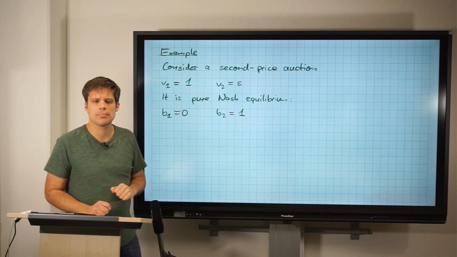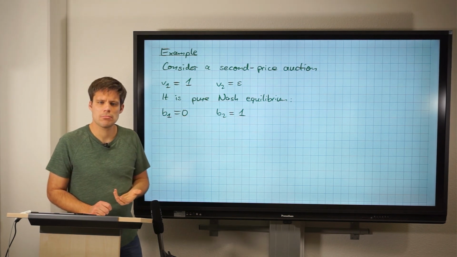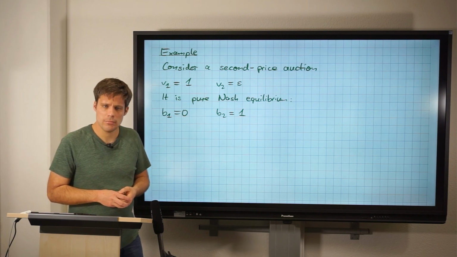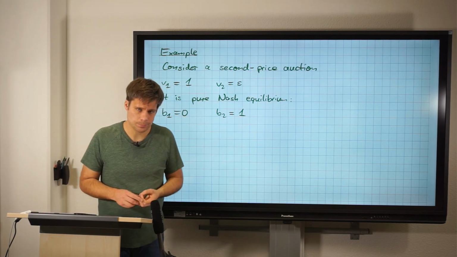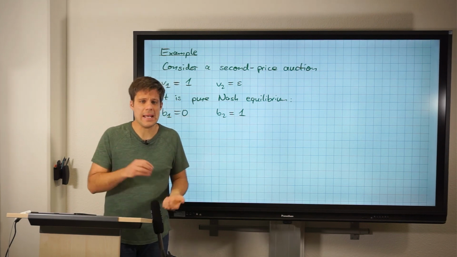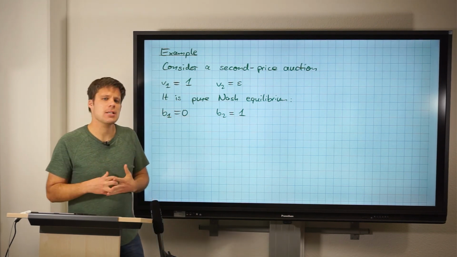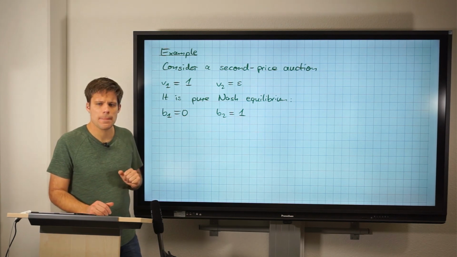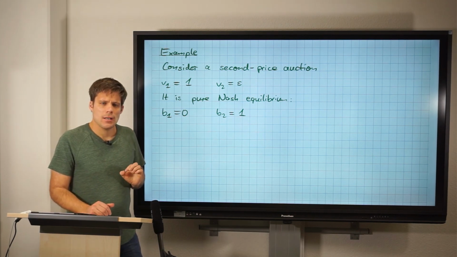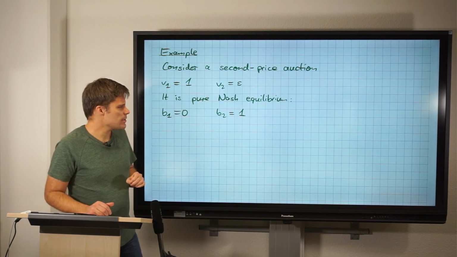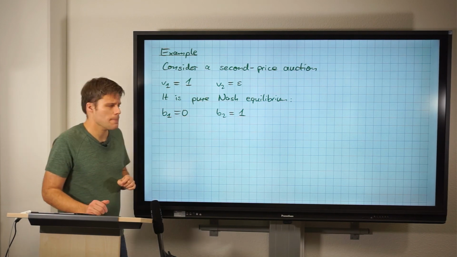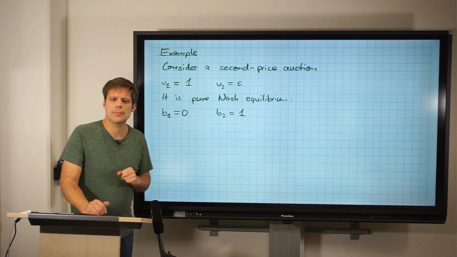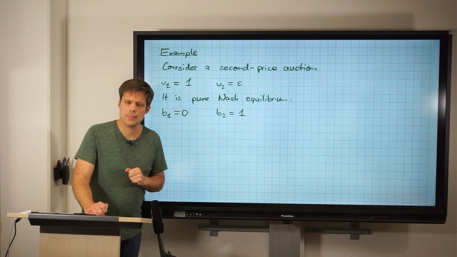Although they're bidding this much, this is still a pure Nash equilibrium. Everybody's happy with their choices. So truthful bidding is a pure Nash equilibrium, but it is certainly not the only one, as we can see here. And what we also see is that the price of anarchy is huge. The price of anarchy is like 1 over epsilon, where epsilon we can make as small as we like.